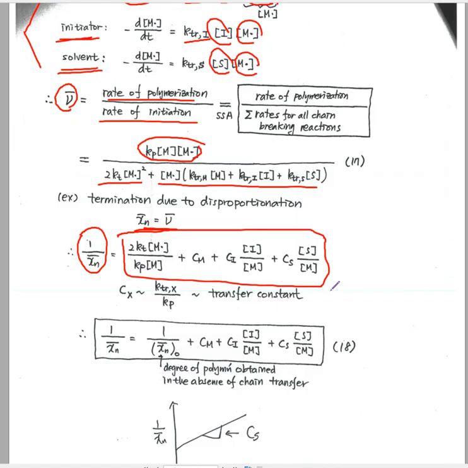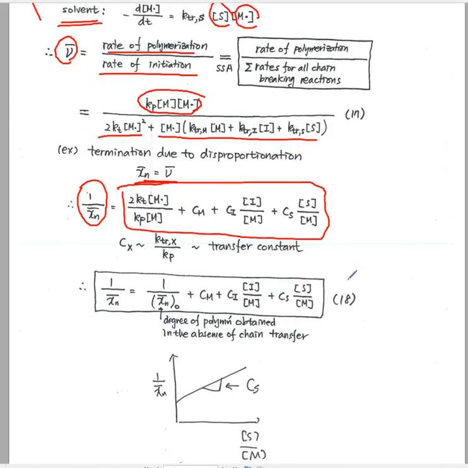Here, there is a constant, C. C is defined as k_trX over k_p, basically the ratio of the chain transfer rate constant to the propagation rate constant. This part is 1 over Xn0, when we do not consider chain transfer.